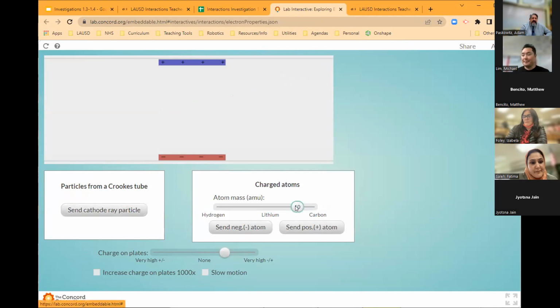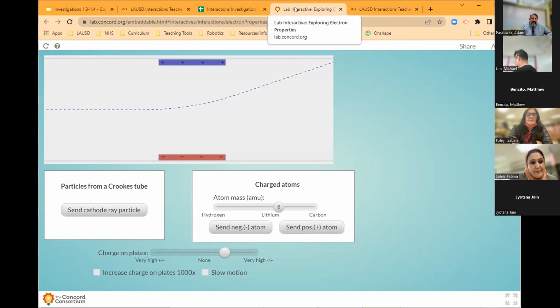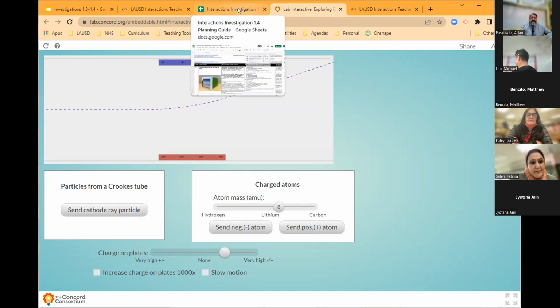And you can change settings, and you can also send charged atoms through those plates. And so we see that charged atoms don't react the same way that the cathode ray particles do. And the cathode ray particles are charged, they're negatively charged, and they're much, much less massive.